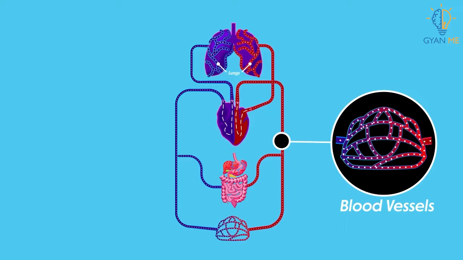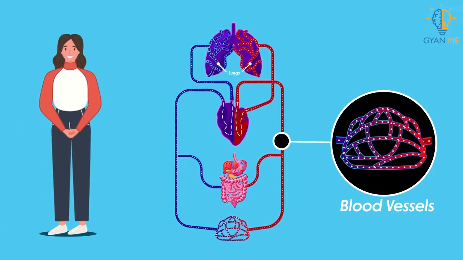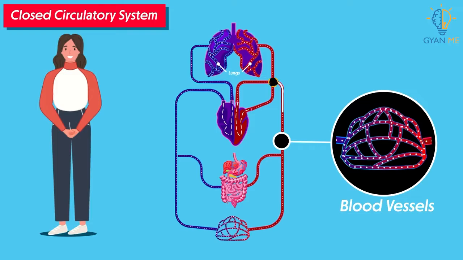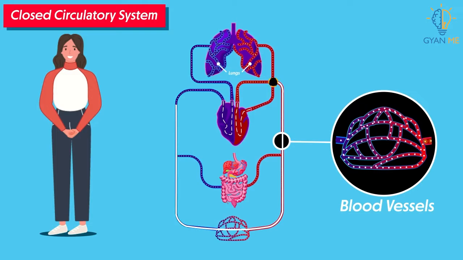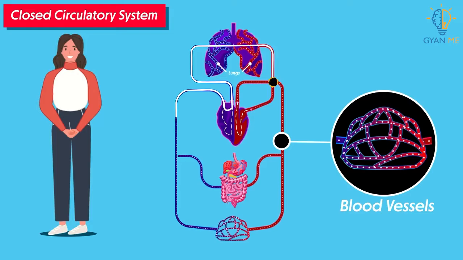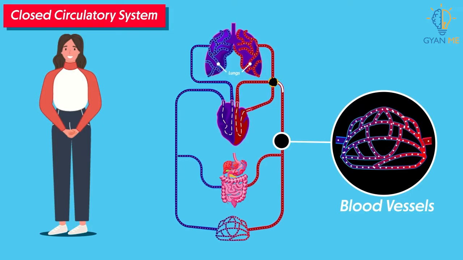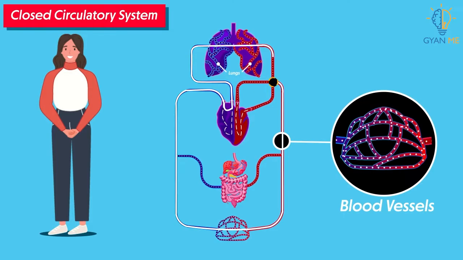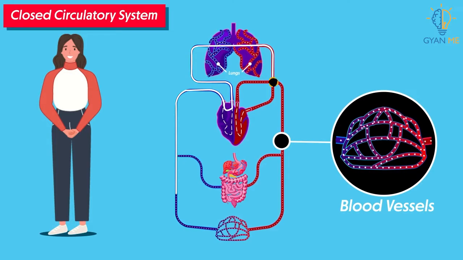This is because humans have a closed circulatory system. This means that if we start our journey as blood from any point in the body, we will come back to the same point again after one cycle. Isn't it amazing? Yes, it is. So let's begin our journey in the human circulatory system.